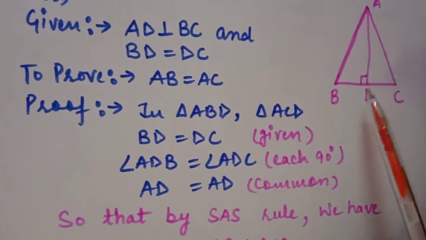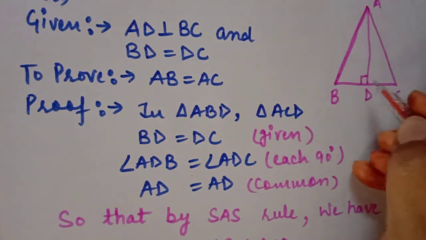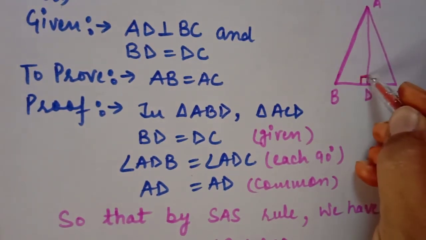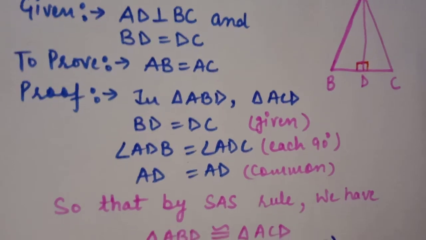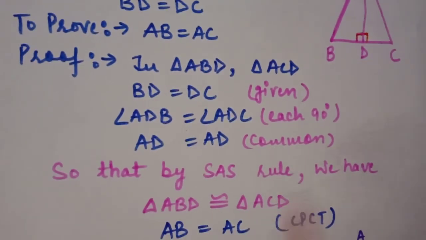AD is common, and angle ADB and angle ADC are equal to each other because they both are 90 degrees. So by SAS rule, triangles ABD and ACD are congruent to each other and AB and AC are equal by CPCT. So it is a very easy question.